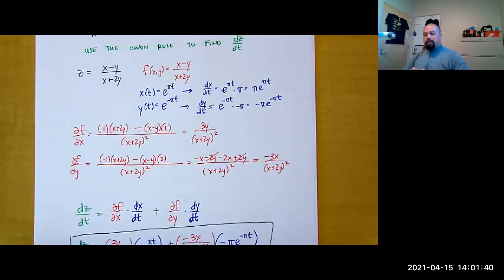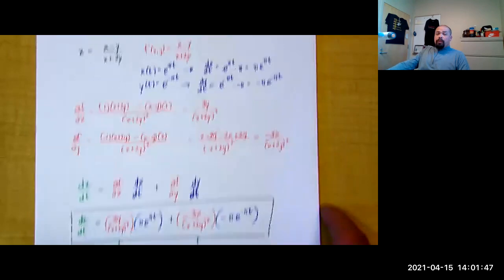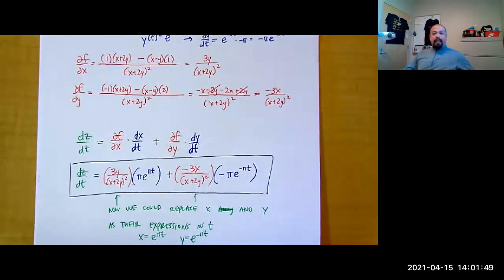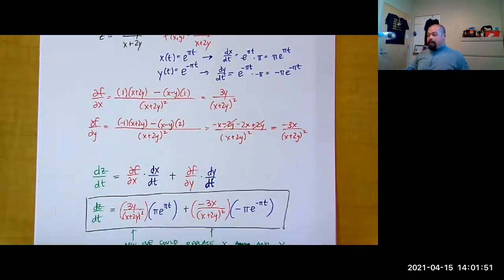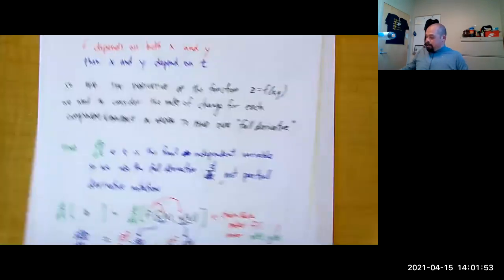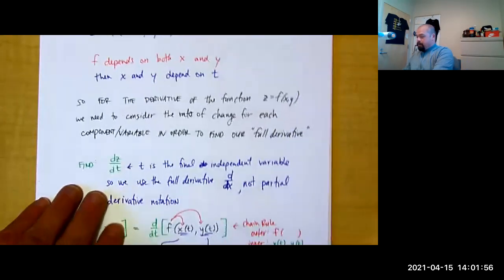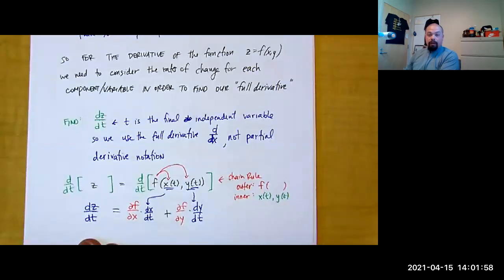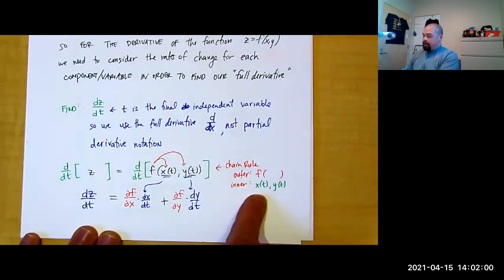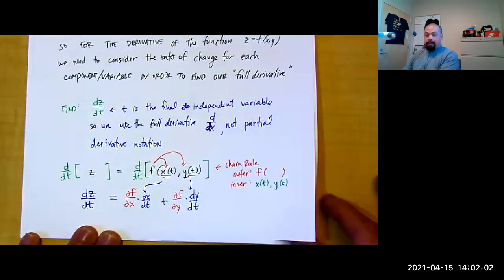Kind of mixing that language of chain rule, we can help organize those components. Okay. And so then, with that said, when we see that those interior functions just depend on one variable, t, we have that full derivative, right?